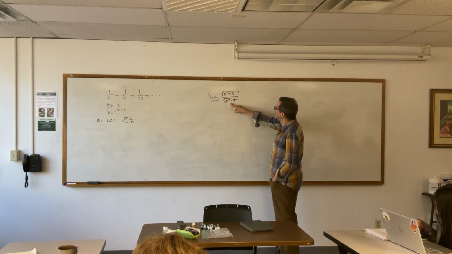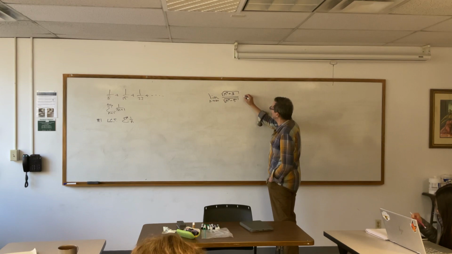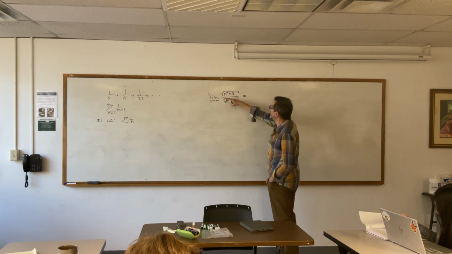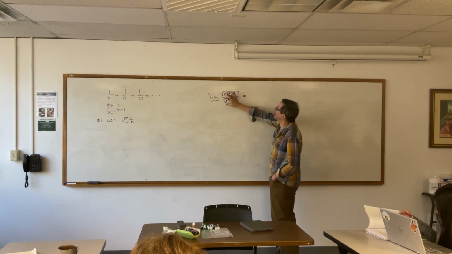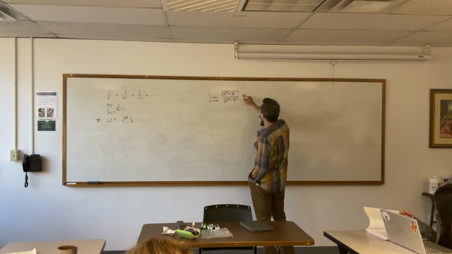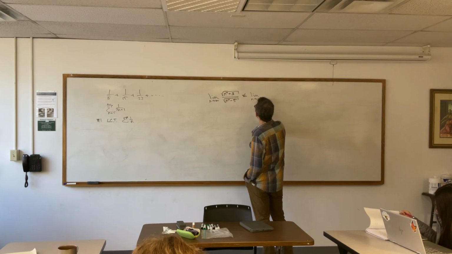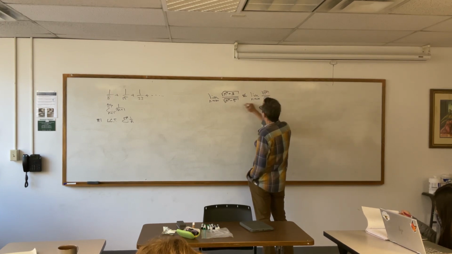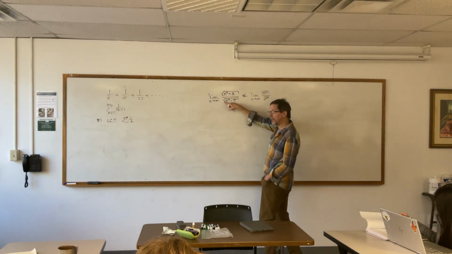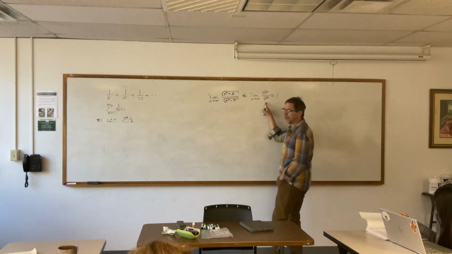So when you do this, you can think of it like, forget everything except the major powers. So this is approximately like the square root of n to the 10th over the square root of n to the 10th, because that's really the dominant part underneath there. And that's just 1.